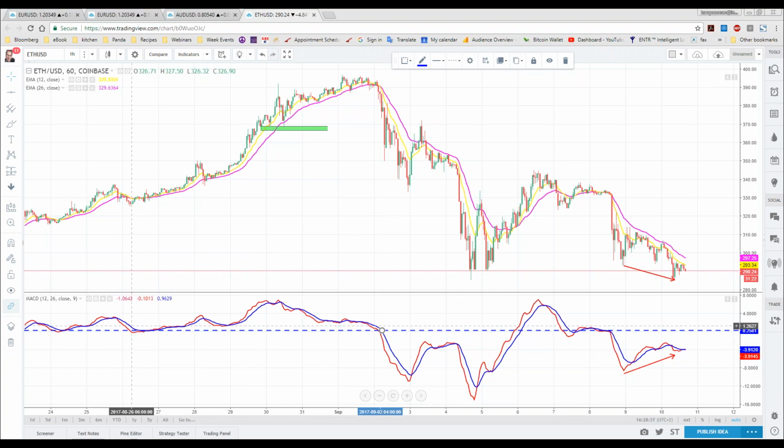Our blue line is what? Our red line is what? Our red line is the MACD line. The blue line is the signal line. So what we're looking for are crossovers above and below between the blue line and the red line.